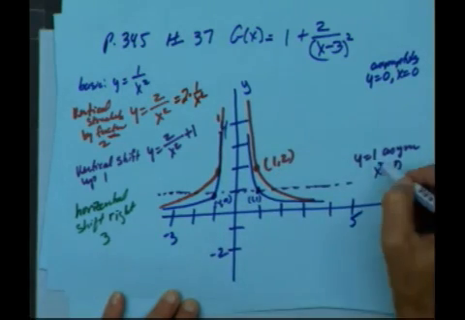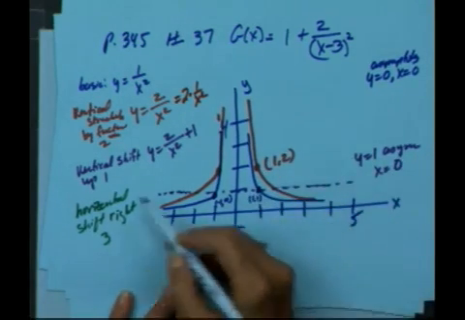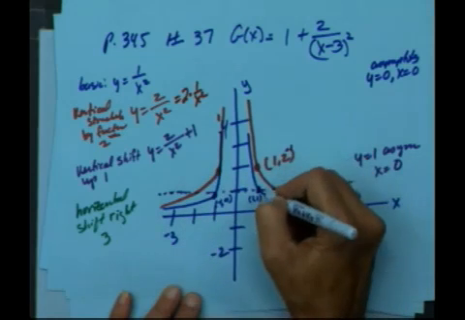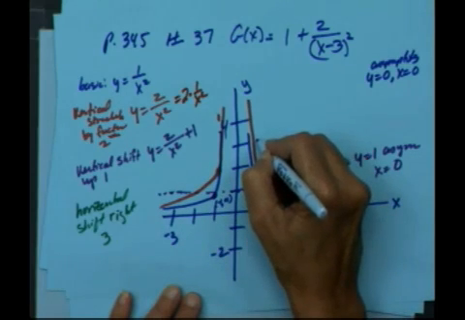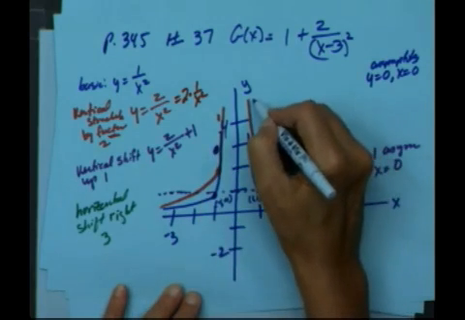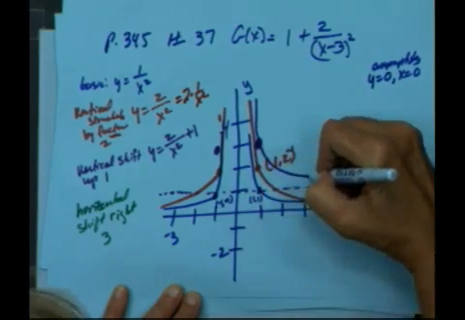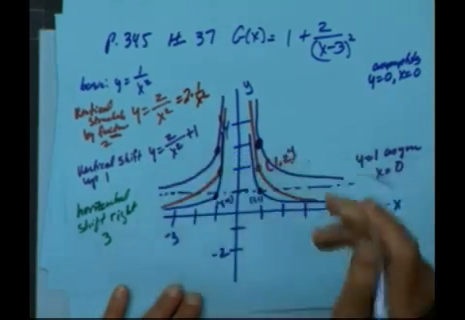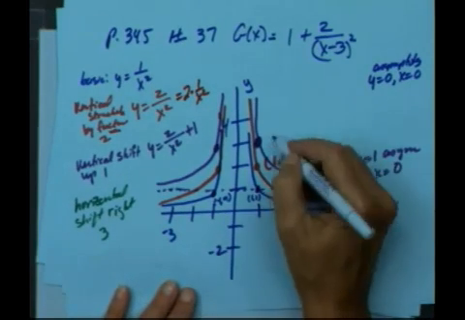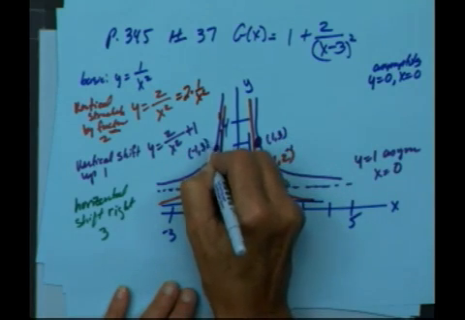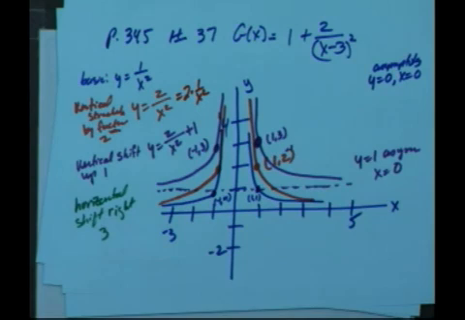So we're going to add 1 to the 2 on both sides. So now we have 1, 3 and negative 1, 3. We've just shifted it up where it's going to approach this asymptote. You could plot some other points, but we're just trying to get a good idea. Everybody good so far?